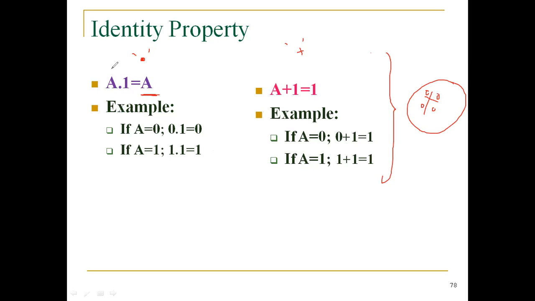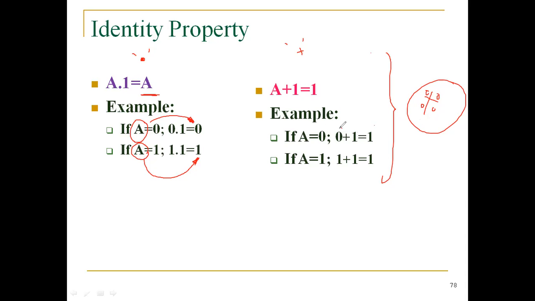So if suppose a equal to 0, means 0 dot 0 equal to 0. So what I assumed, that is the variable a, that is the result. That is identity property. Similarly, if I assume a equal to 1, the same value only is the result, when it is the dot operator. Similarly, in the plus operator, 0 plus 1 equal to 1, 1 plus 1 equal to 1.